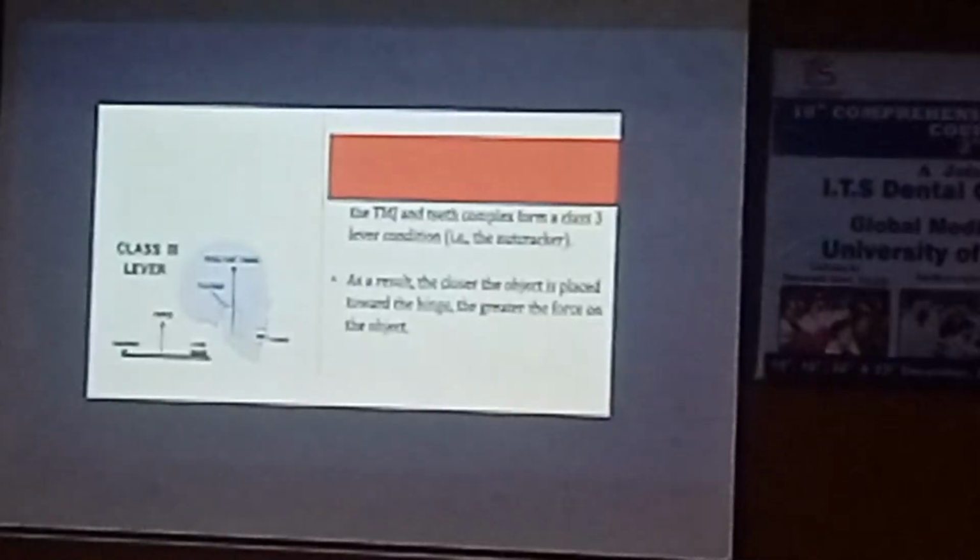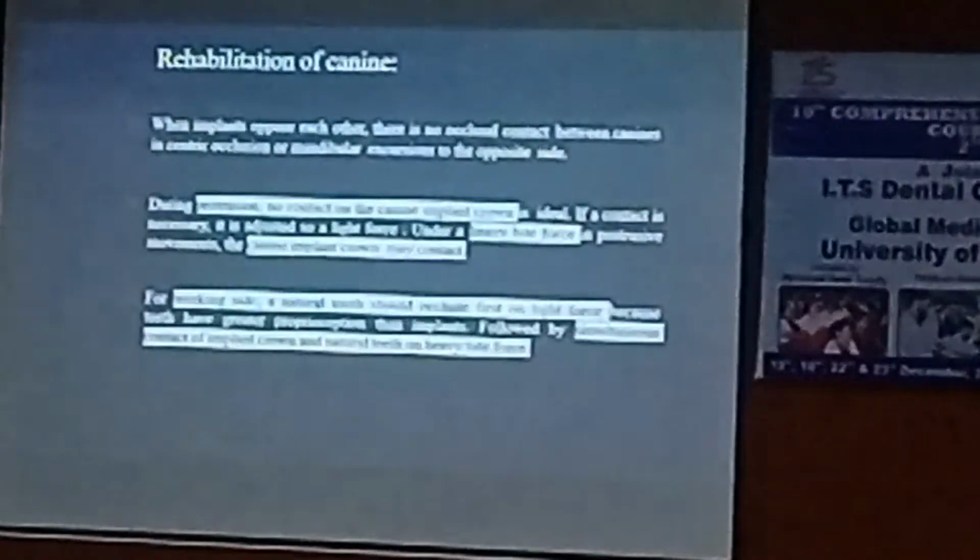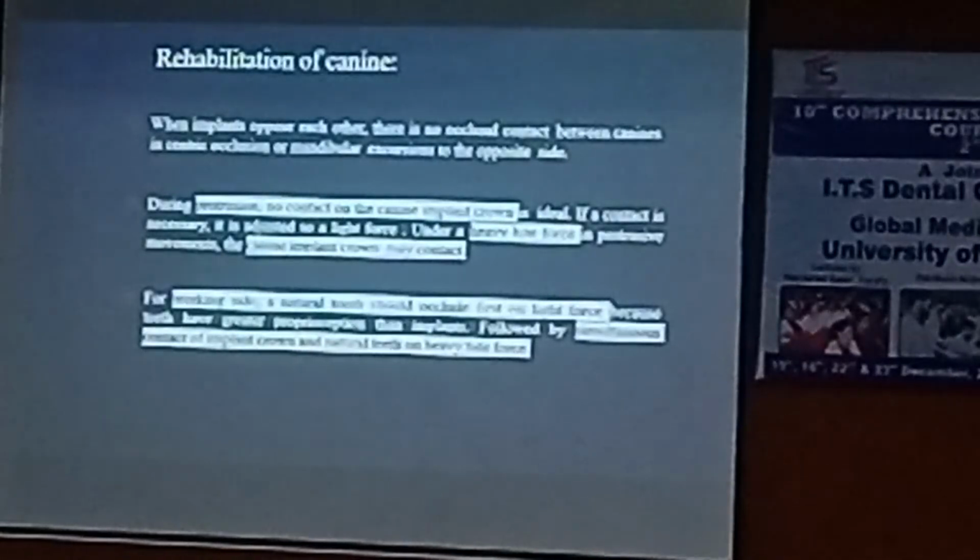This we have already discussed. This is a class 3 lever. Canine is a very different thing. Whether you're doing a bridge, fixed, or you're doing the implant, I think you all were interns also part of the CDE this week. And Dr. Sindhi was talking, canine is a relative contraindication.